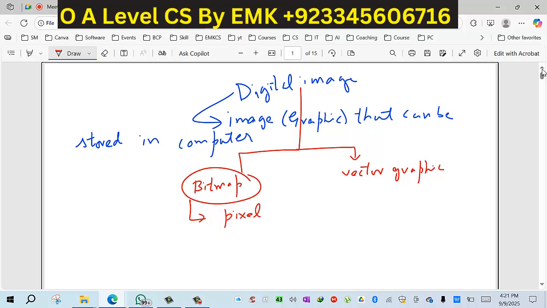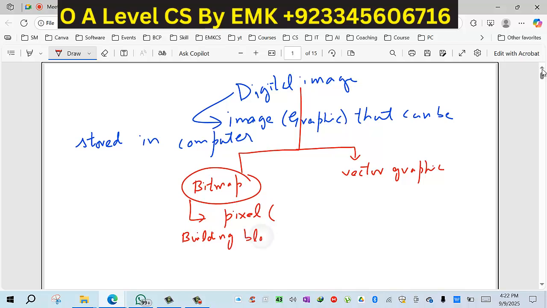जिसका बिल्डिंग ब्लॉक क्या होता है? पिक्सल. What is a pixel? बहुत सारे पिक्सल से एक तस्वीर बनती है ना. Or so you can say, क्योंकि जैसे हमने बात की थी कि पिक्सल क्या होता है हमारे पास, बिल्डिंग ब्लॉक है. बिल्डिंग ब्लॉक का मतलब होता है कि इससे मिलकर चीज़ बनी होती है.